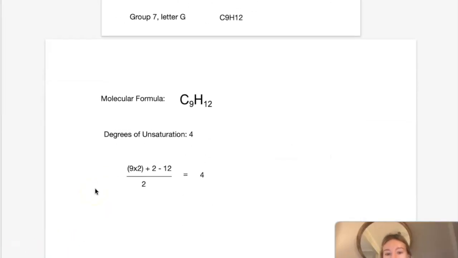Alright, so the formula I was given was C9H12, and to find the degrees of unsaturation, I found that it was 4. How you do this is by multiplying the amount of carbons by 2, so 9 times 2, then you always add 2 after that, and then you subtract the hydrogens.